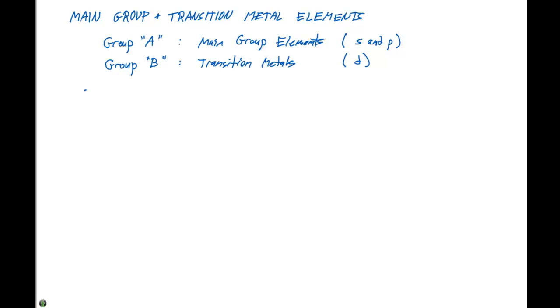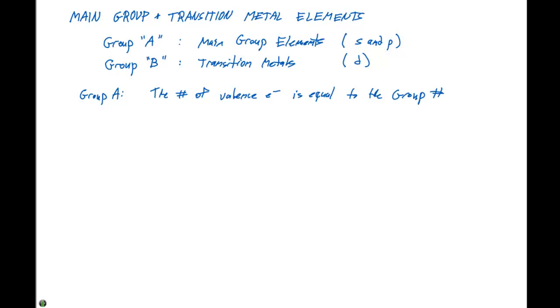So for Group A, the number of valence electrons is equal to the group number.